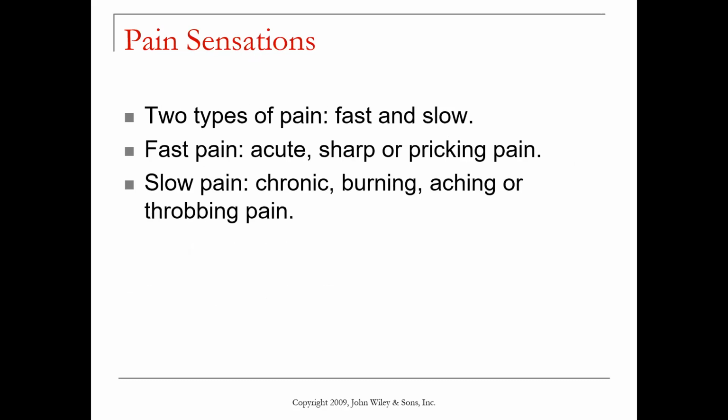Now, what kind of pain do we deal with? Well, we have fast pain and slow pain. Fast pain is what you get when you get a paper cut or when you step on something hot or sharp. You cut yourself or hit yourself with a hammer or get pinched between two pieces of equipment. Fast pain, acute, sharp pain. Slow pain is the chronic pain. Aching pain.